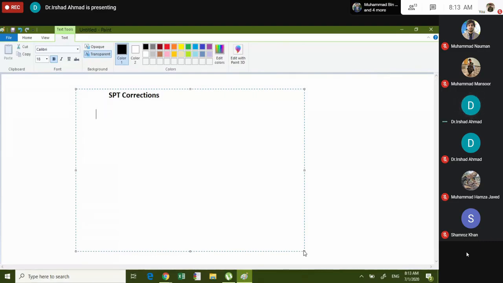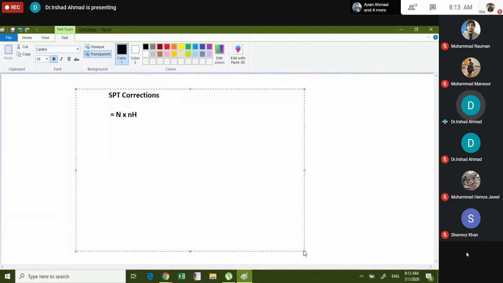So you have recorded N, only N is a SPT blow count that you have recorded in the field using a hammer which has an efficiency of NH.